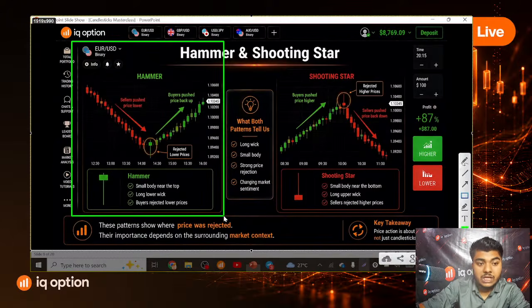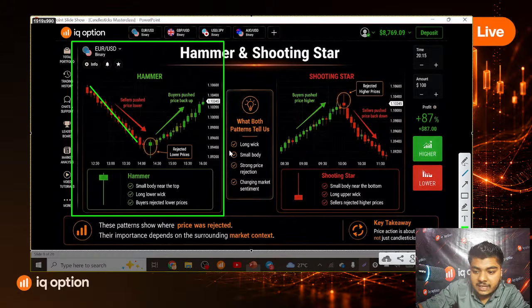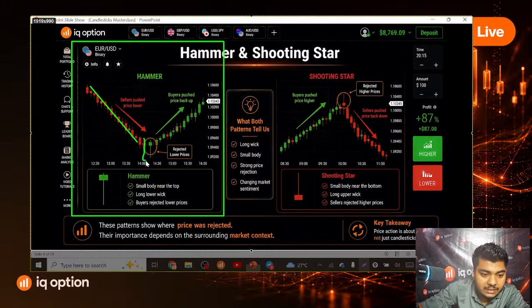I took it from IQ Option binary. Notice how the market was moving downward before the hammer appeared. A strong down push, and suddenly we saw a candle like this.